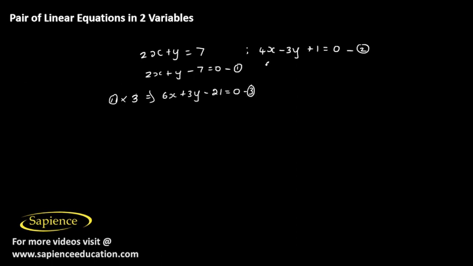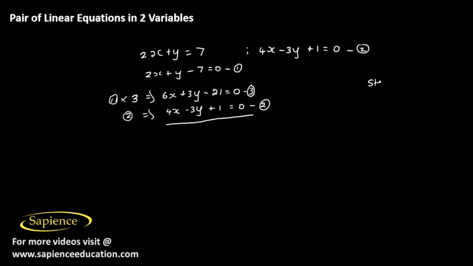Now we can write the second equation here. Second equation is 4x minus 3y plus 1 equal to 0. The first step is multiplying one of the equations to get one of the coefficients equal. Now step 2 is adding or subtracting to eliminate one variable.